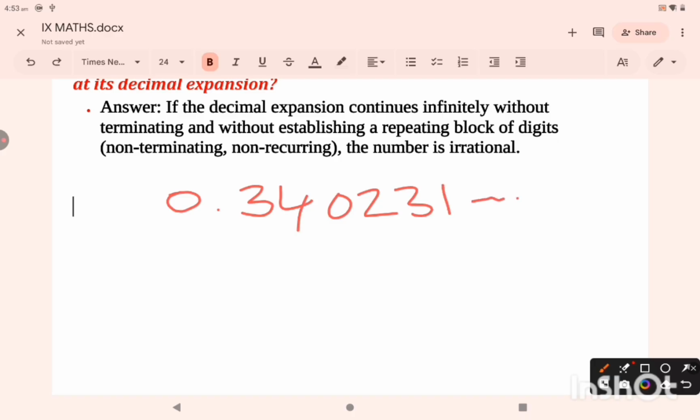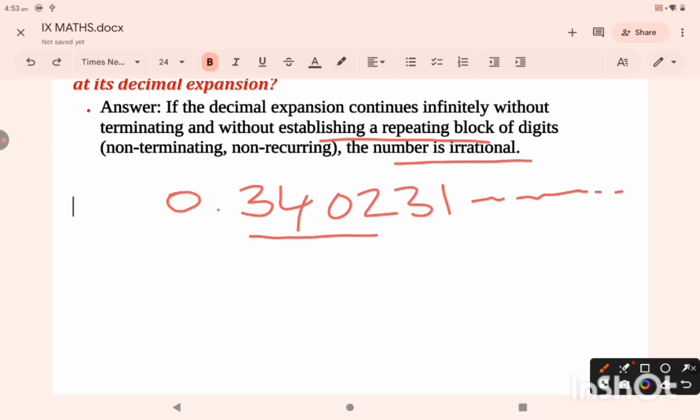For example, 0.34023 and so on. This is a non-terminating, non-repeating decimal. So this is irrational. If the decimal expansion continues infinitely without terminating and without establishing repeating blocks, that means it is a non-terminating, non-repeating decimal.